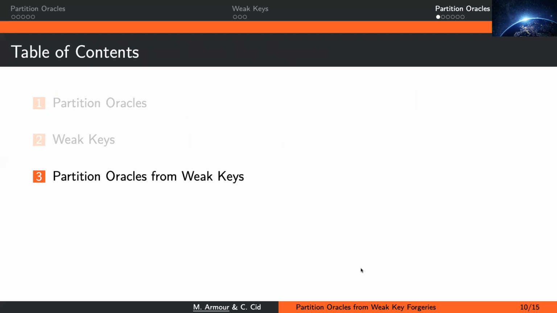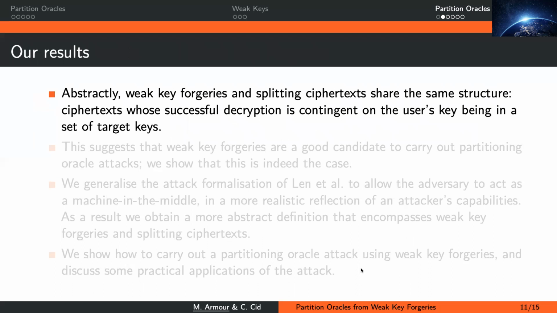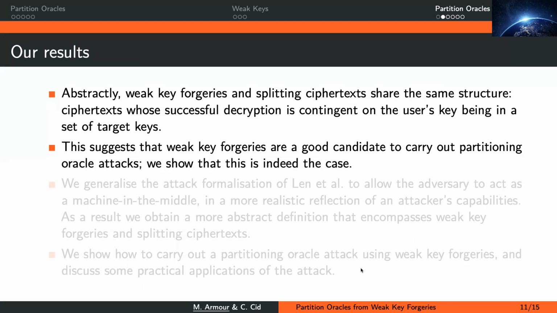All right, so now to describe partition oracles from weak keys. Abstractly, weak key forgeries and splitting ciphertexts share the same structure: ciphertexts whose successful decryption is contingent on the user's key being in a set of target keys. And this suggests that weak key forgeries are a good candidate to carry out partition oracle attacks.